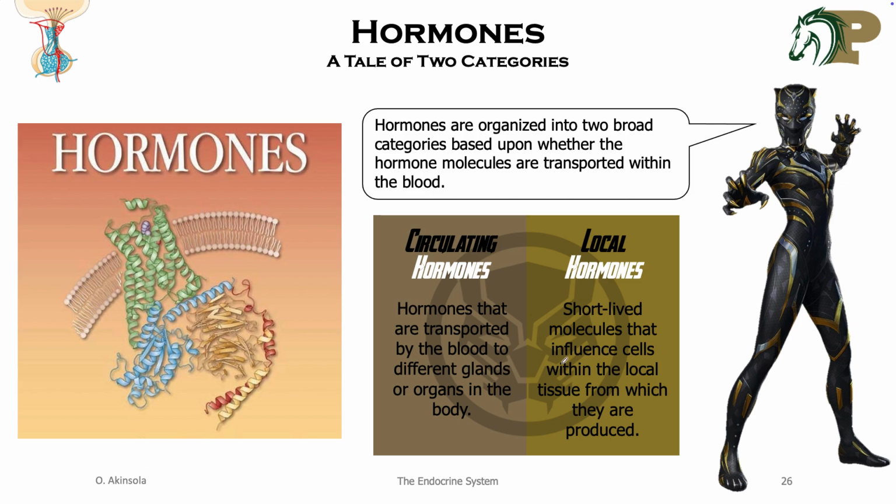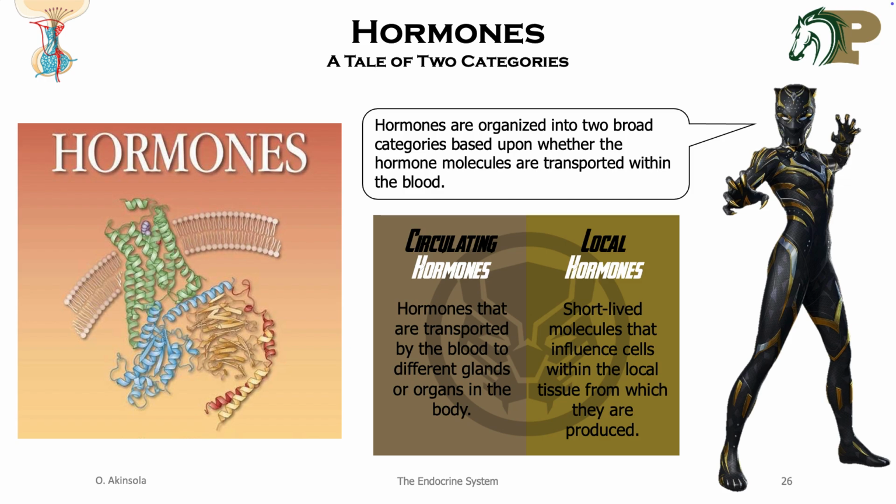All right, let's talk a little bit more about hormones. Okay. So hormones are organized into 2 broad categories based upon whether the hormone molecules are transported within the blood. We have circulating hormones, and then we have local hormones. Okay?